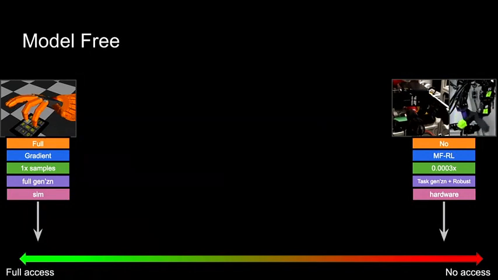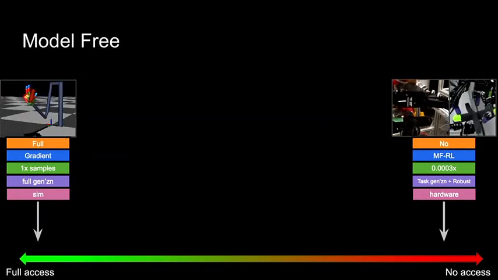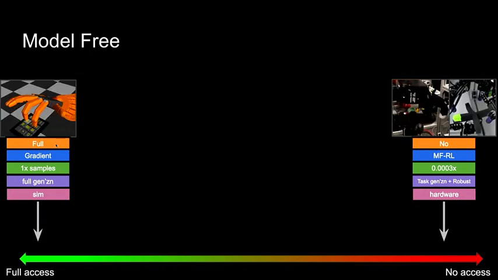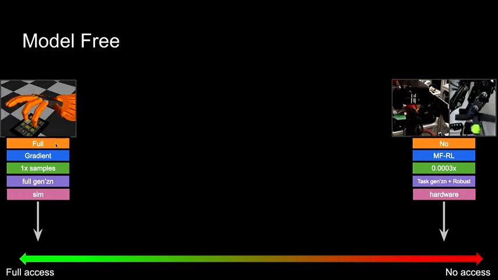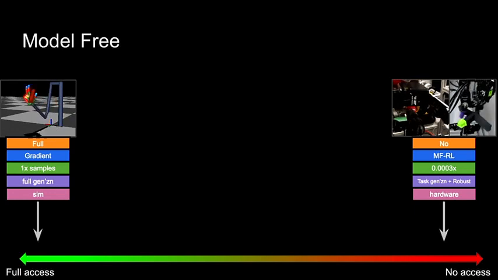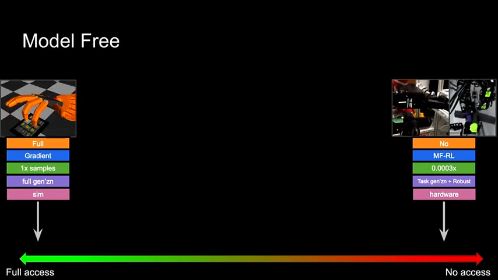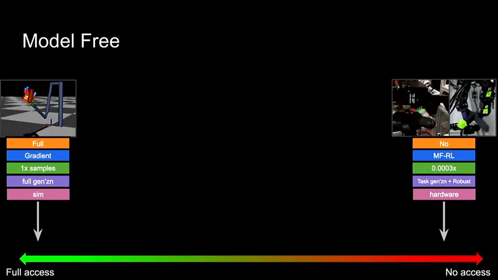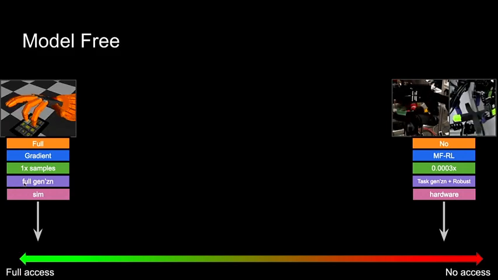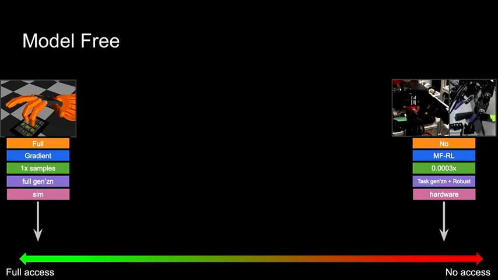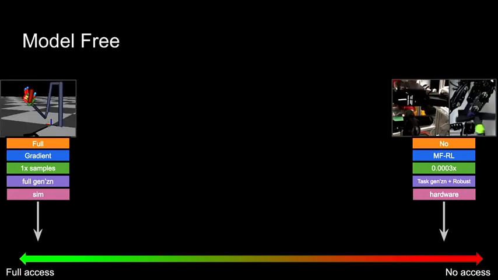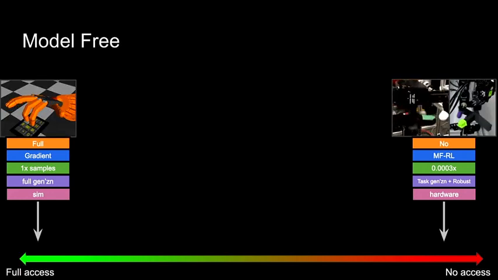So over here, what we just said is that once you have full access to the dynamics, we can use gradient-based planners that exploit the dynamics and give you really fast recompute power so that you can execute these kinds of behaviors in real time, which I'm calling 1x number of samples. If you have access to the dynamics, I also showed you can generalize: one setting, different settings, throw different cost functions, that's fine.